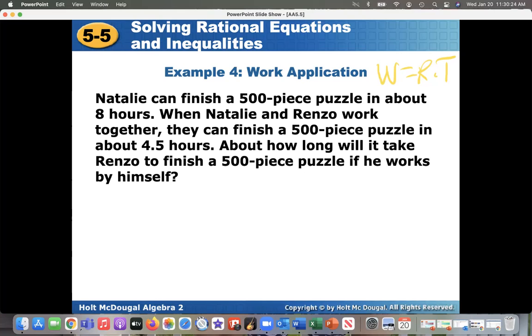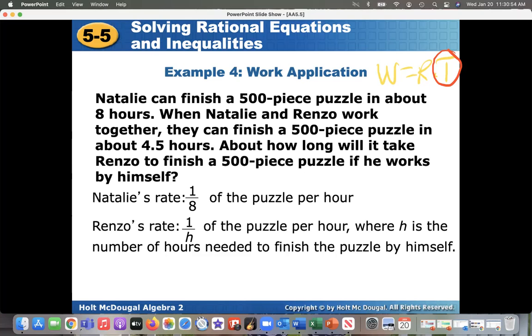How long will it take Renzo to finish a 500-piece puzzle by himself? Same thing. Are we dealing with time once again? The time that Renzo can do the puzzle plus the time that Natalie can do the puzzle. Okay, we're going to work together here. So we're dealing with time. Distance equals rate times time is a lot like work equals rate times time. All right, very similar.